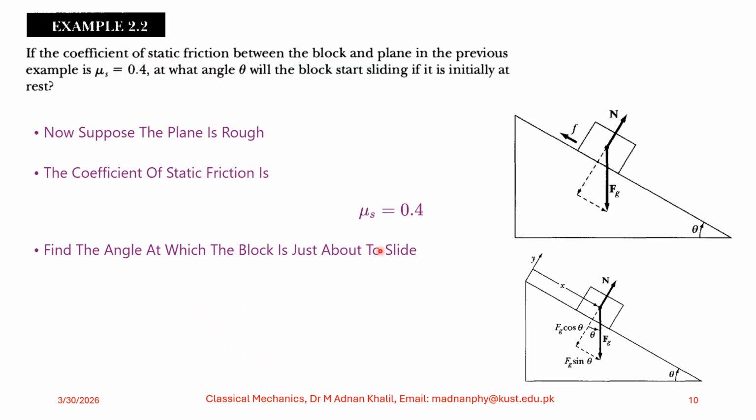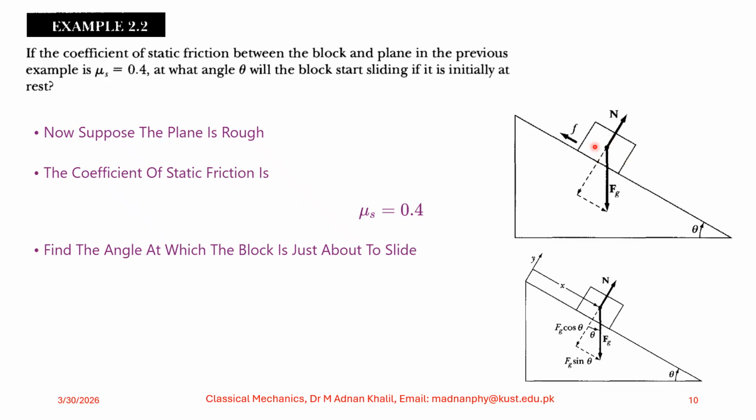Now, in the second example, if the coefficient of static friction between the block and the plane in the previous example is mu s equal to 0.4, at what angle theta will the block start sliding if it is initially at rest? Everything is the same as in the previous example.